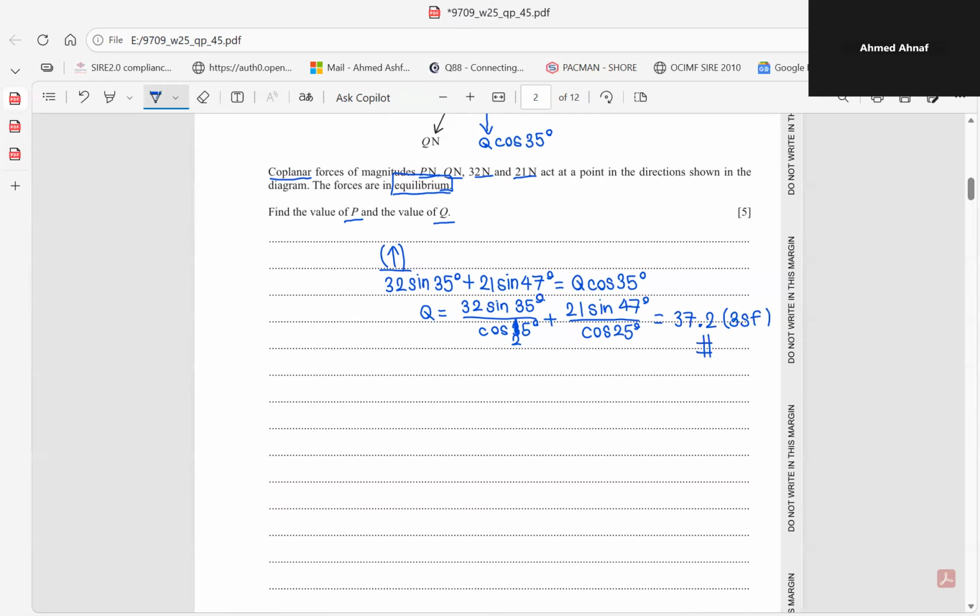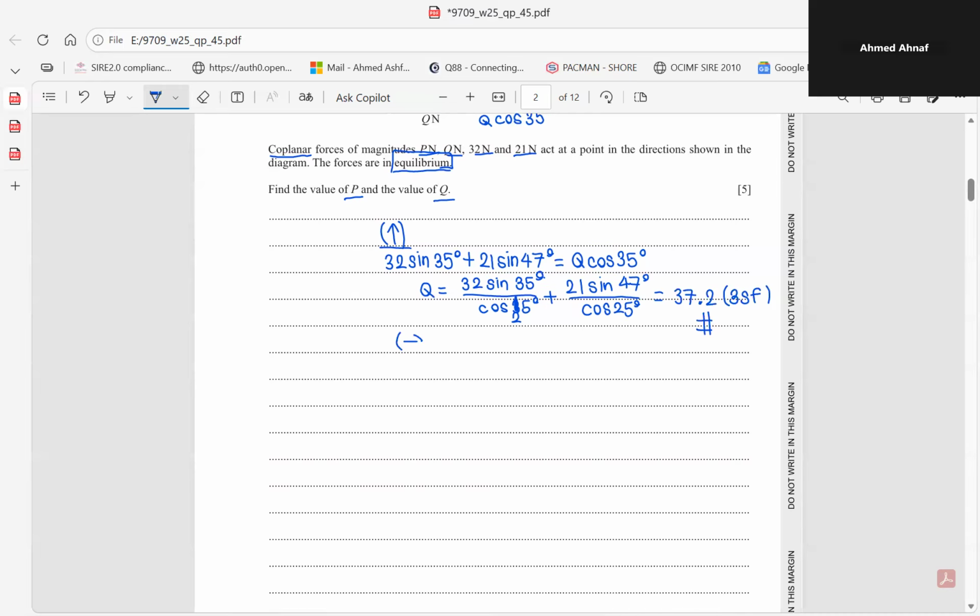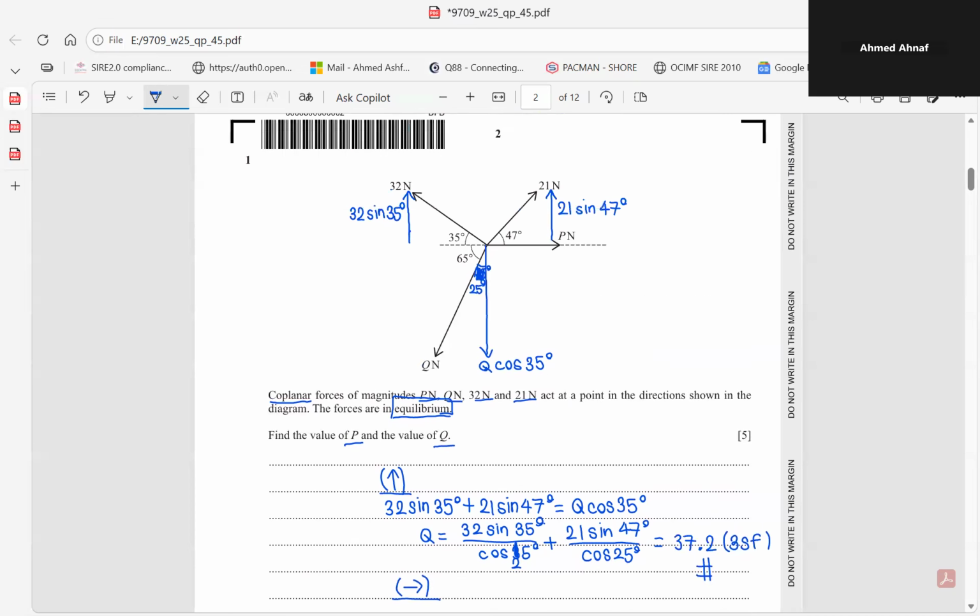Now we are ready to find what P is by taking the horizontal forces. For the direction of P, we have the 21 Newton force horizontal component, which is 21 cosine 47. And we also have the 32 Newton force, 32 cosine 35. And we also have Q sine 25 degrees.